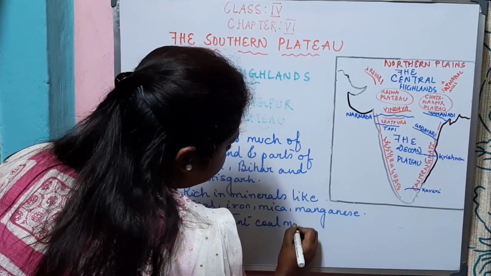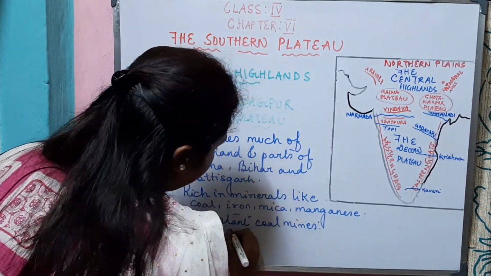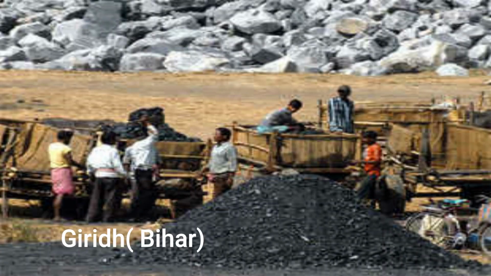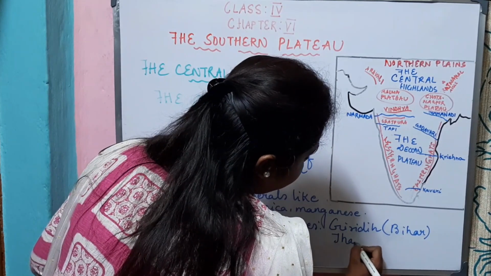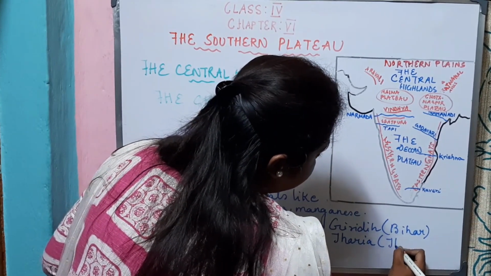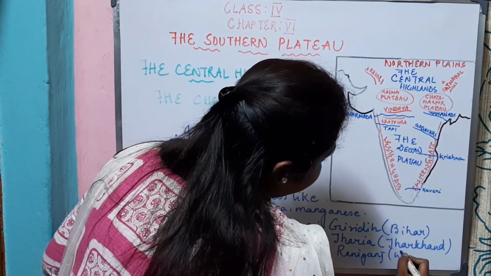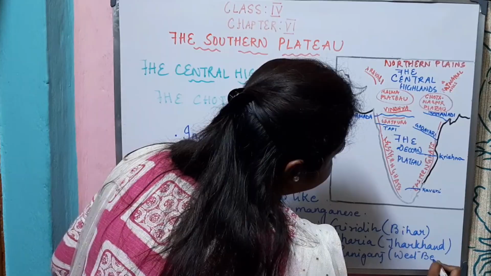Let us see. Important coal mines located in the Chotanagpur Plateau are Giridih in Bihar, Jharia in Jharkhand and Raniganj in West Bengal.